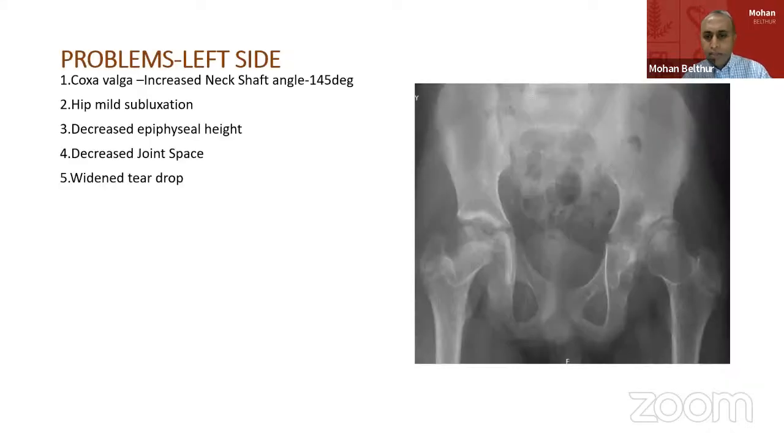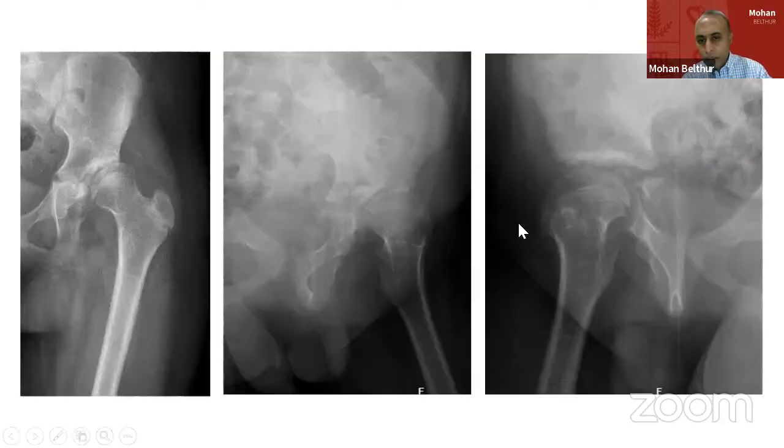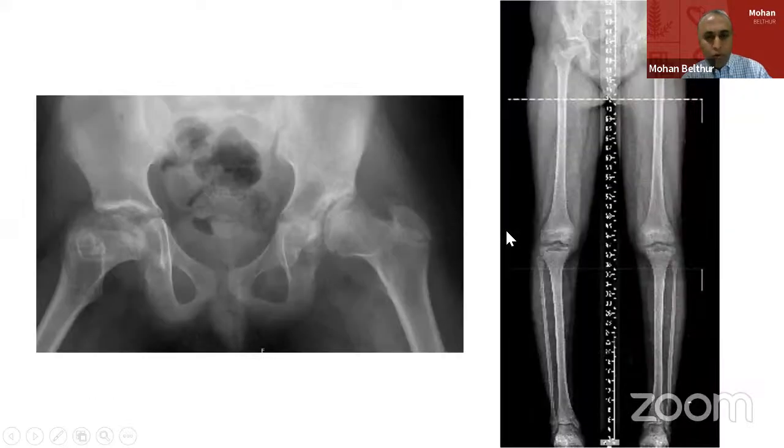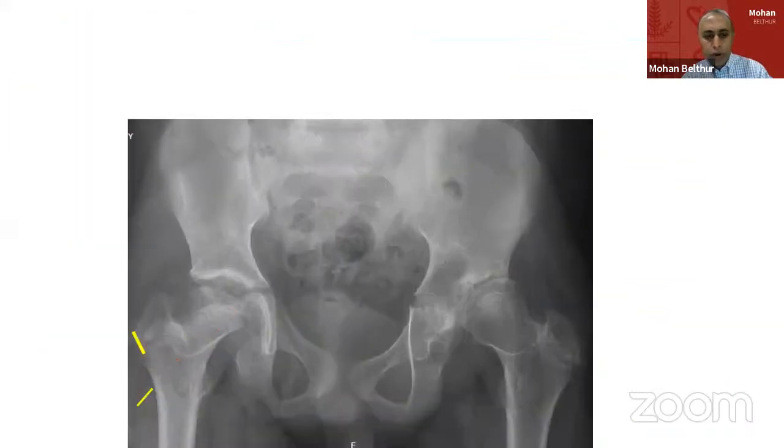The other important thing is what we call the caput valgum. That means the femoral epiphysis in relation to the neck, not just the neck shaft angle. Sometimes you have to evaluate the relation of the epiphysis to the neck. You can see the epiphysis is in valgus. That usually results when there is a type 2 growth arrest of the proximal femoral growth plate.